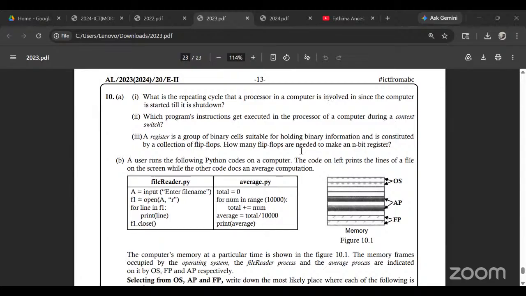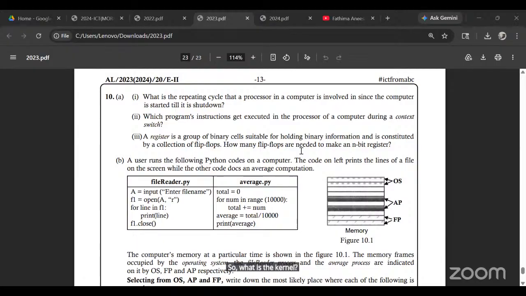So if you ask what is the kernel, it is the heart of an operating system, like that we would say. So what is the kernel?